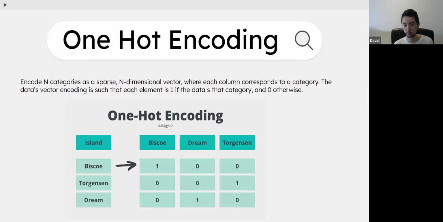So there's n words, there's n columns, and if the word is that category, so it is itself, then it's 1, but it's 0 for all the other words. So in this example, the word bisco has its representation. There's three representations, I guess.